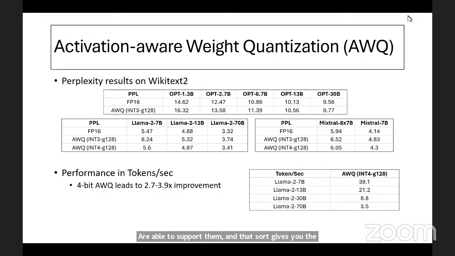Now, what would the abbreviation name, N3G28, mean? Yes, it is using integer 4-bit quantization for the weights, and using groups, as we discussed, like grouped quantization. So the group size is 128.